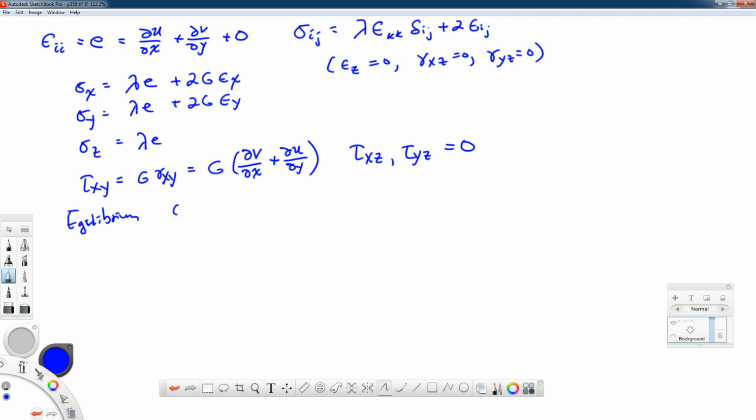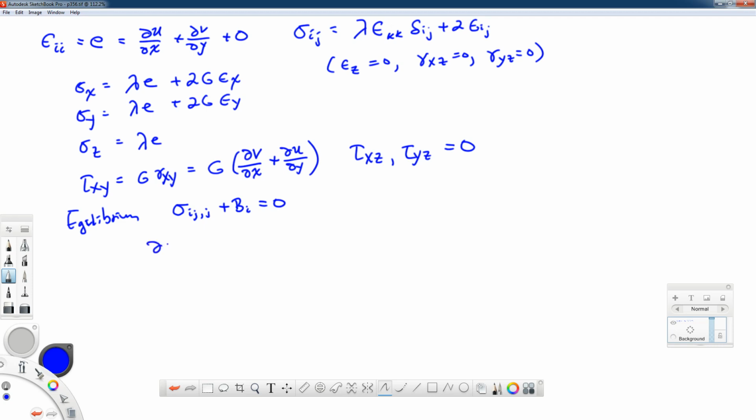We can take a look at equilibrium. In general, we have sigma ij comma j plus the body force per volume b sub i is equal to 0 for our equilibrium equations. But since some of our stresses are equal to 0, we can reduce this down.